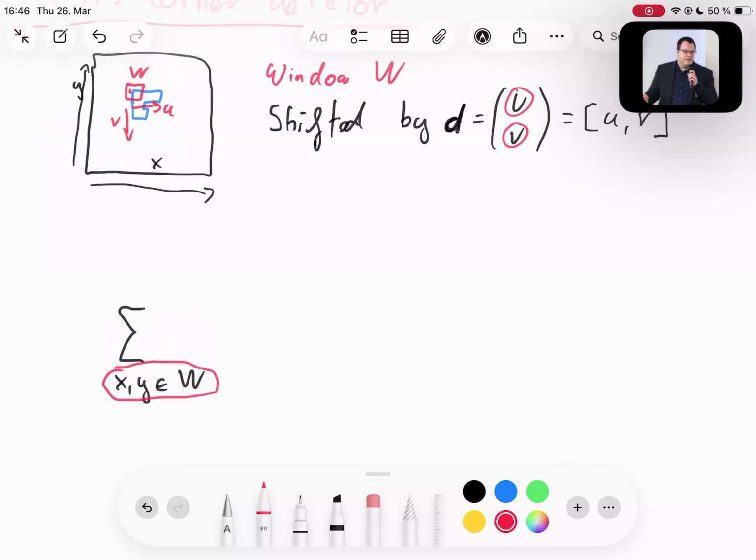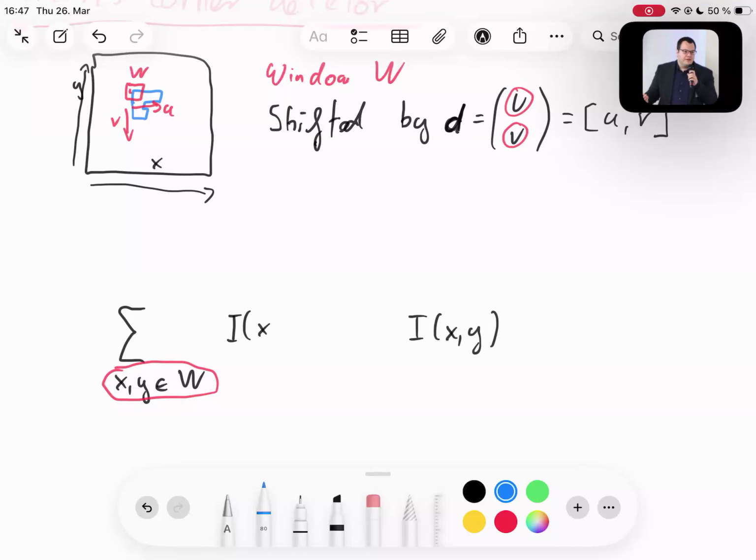And I go through all the pixels in the window. And I have a function I, which is the intensity. So it's a grayscale image, and the intensity is, again, between 0 and 255. And before I start moving it, I have this intensity I(x,y). It's a value between 0 and 255.